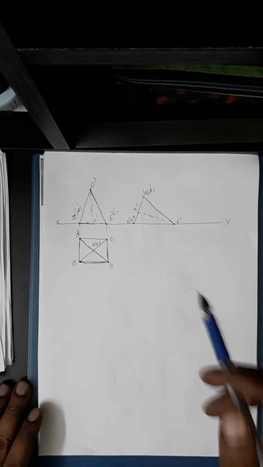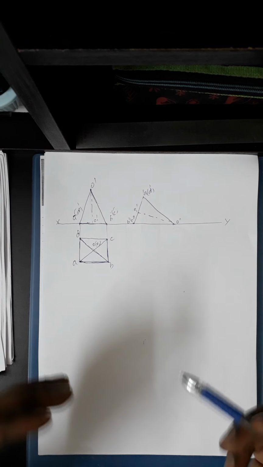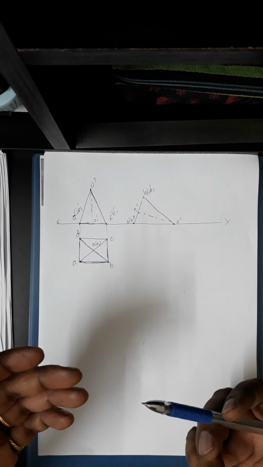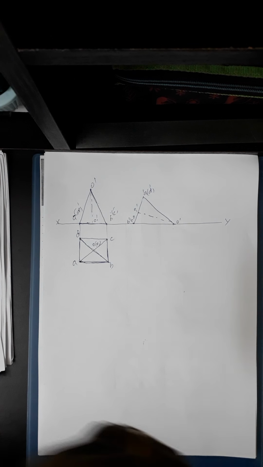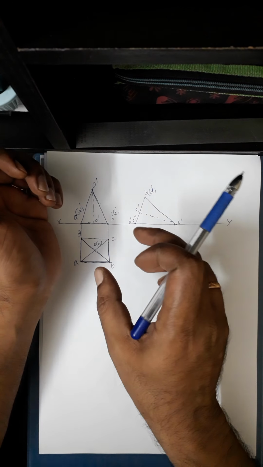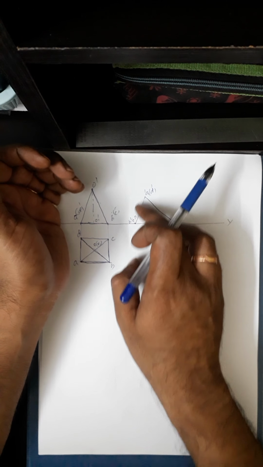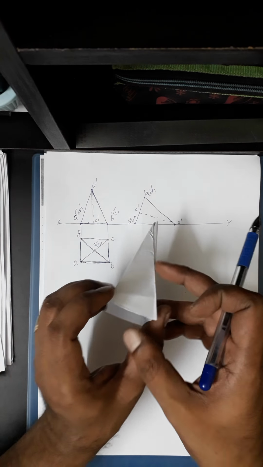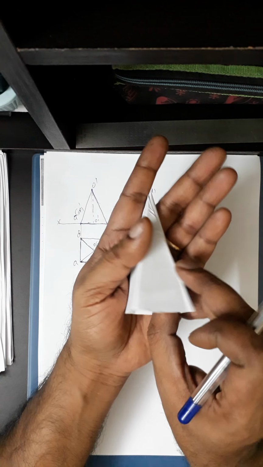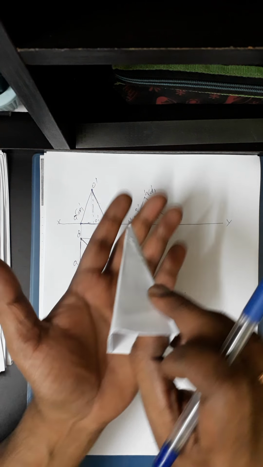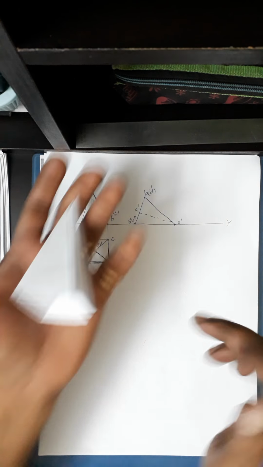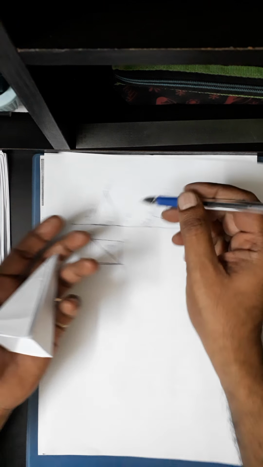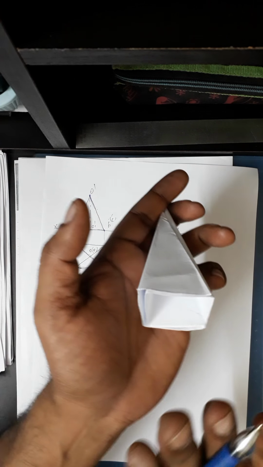When it is resting on one of its triangular faces on HP, the axis is going to incline with HP. So you cannot do that case directly, because when this is inclined, you will not see the true shape in the front view.